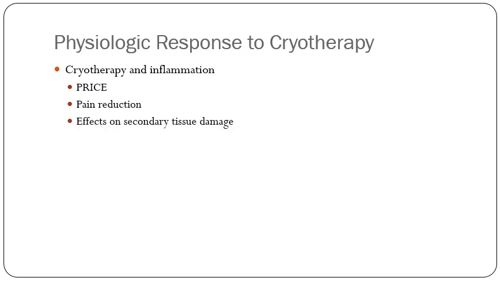The other reason why you could potentially look at ice as a benefit is the effects of secondary tissue damage. We had talked about during the inflammation phase where you have the area of primary damage, but you also have secondary cells that will get damaged due to the decreased blood flow to the area, which then reduces the oxygen. You're also going to get free radical activity through the neutrophils, those early white blood cells that also damage other cells in the region.